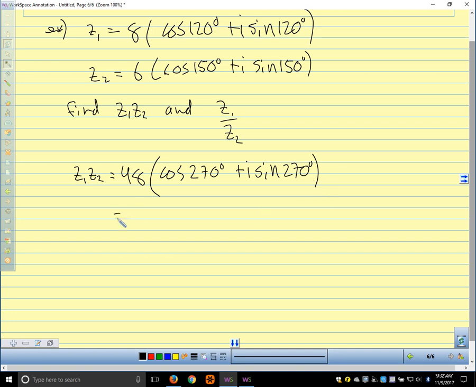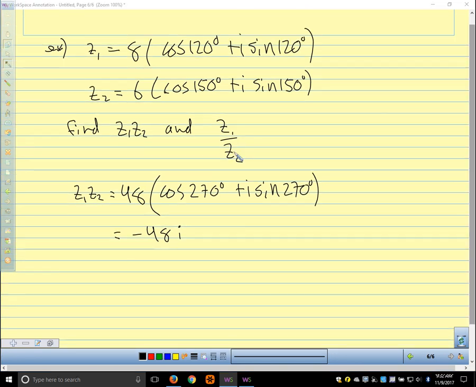And now we're going to say, well, what is the cosine of 270? 0. And the sine of 270? Negative 1. So this is negative 48i. So these two numbers multiplied gives us negative 48i.